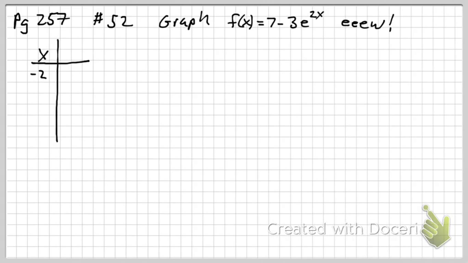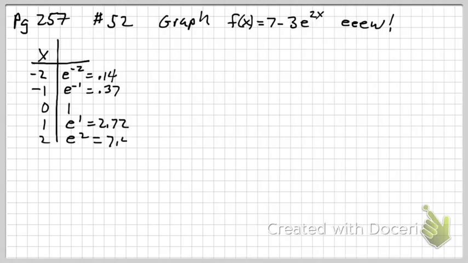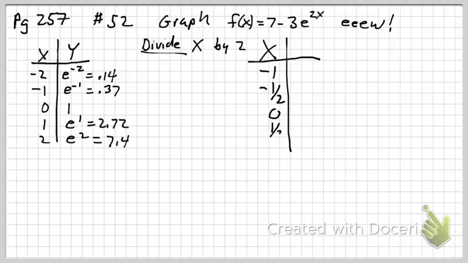Now what do we have to do? We have to start with a parent t-table. If the base is simple, I really expect you to do this t-table by hand. Our base is not simple, so I got these numbers with my calculator, the 0.14, 0.37, the 1.